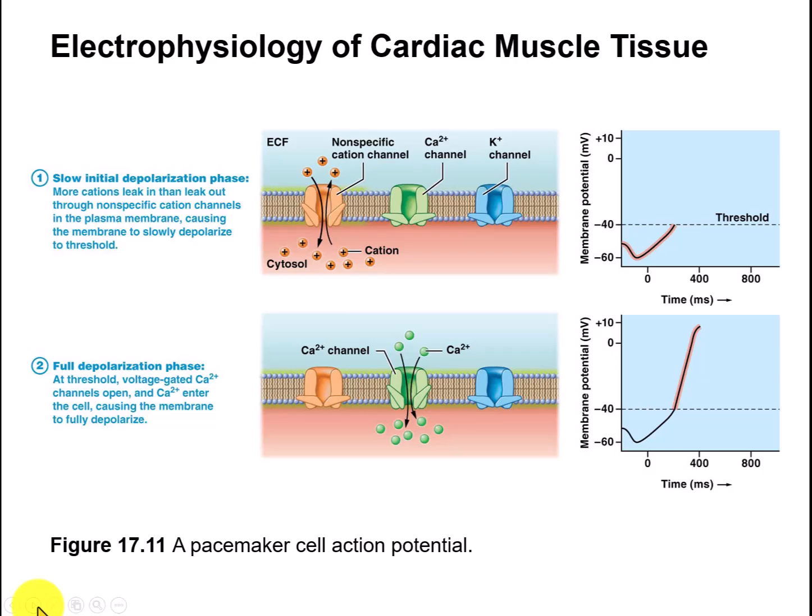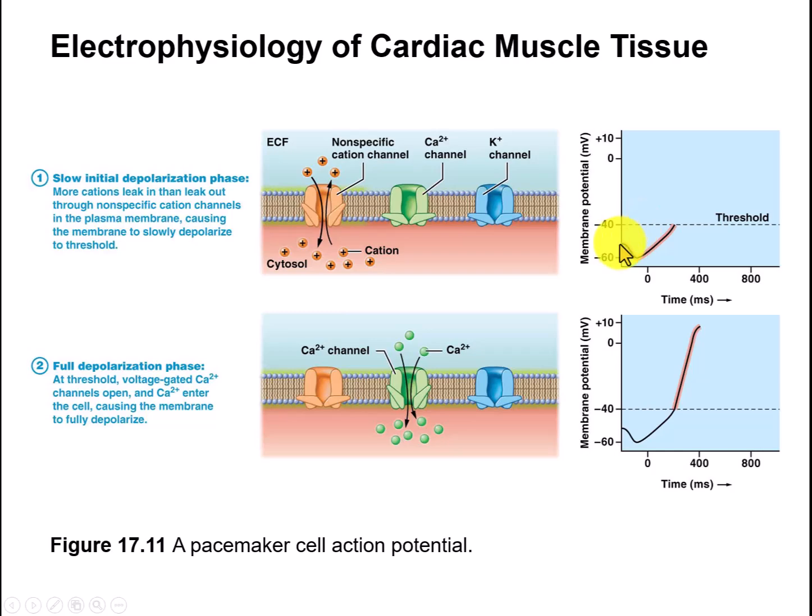And so again, our same action potential, but we have an additional channel here called a calcium channel, and a non-specific cation channel is available also. You can see with this slow initial depolarization, we're having these leaky channels.